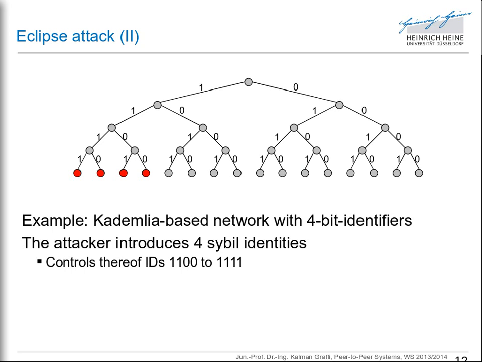If we perform an eclipse attack there and position our identities in a circle, we will be able to divide this overlay into 2 parts. So we have the inner circle, our malicious nodes, and the outer circle in this CAN network. By doing this, the malicious nodes are able to control almost every communication. Thus, they can enable censorship.